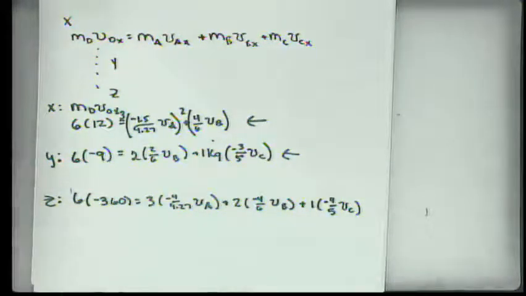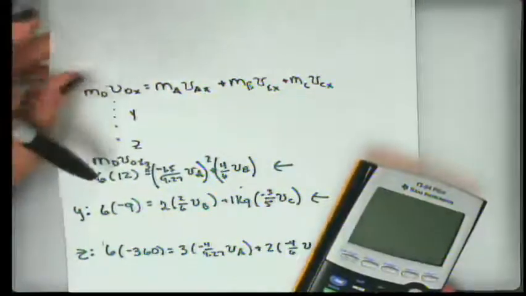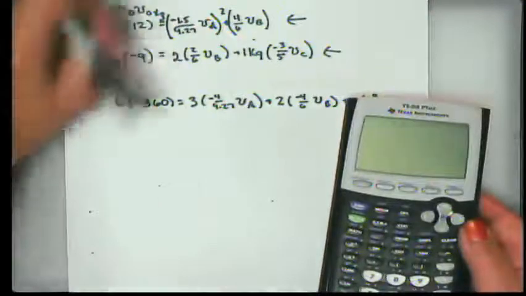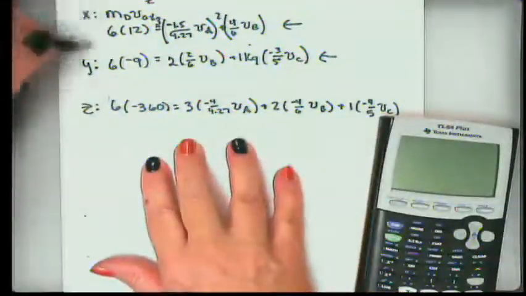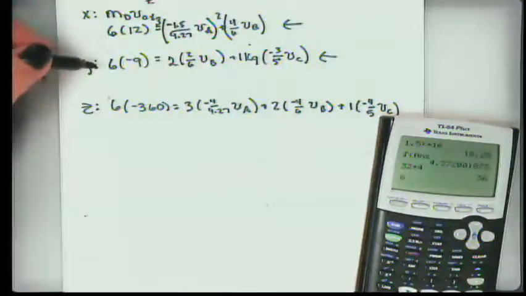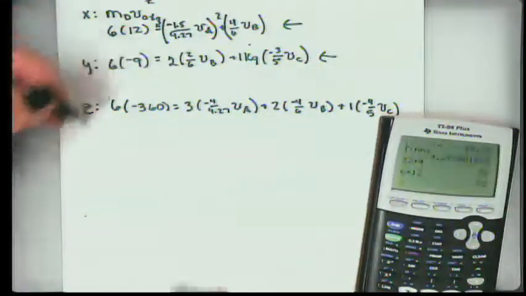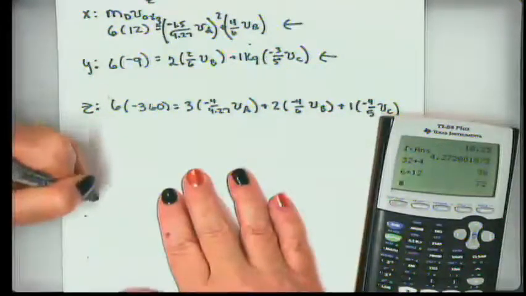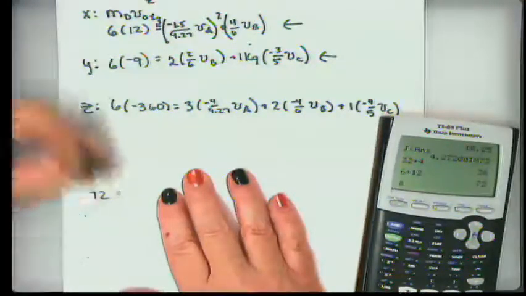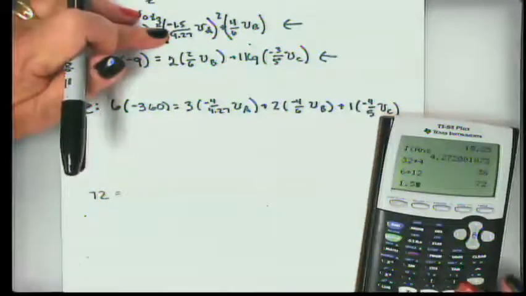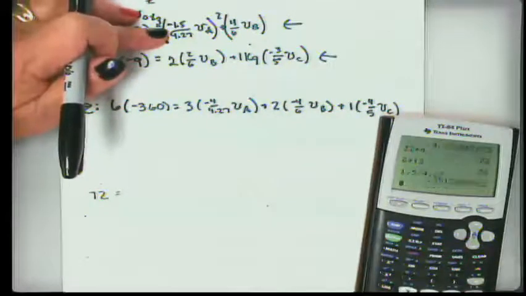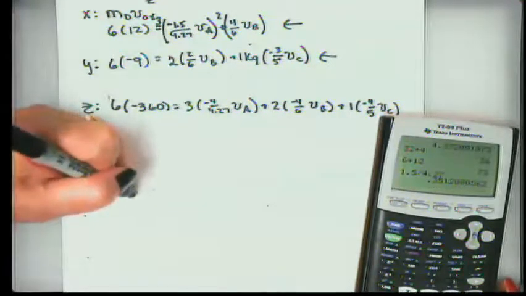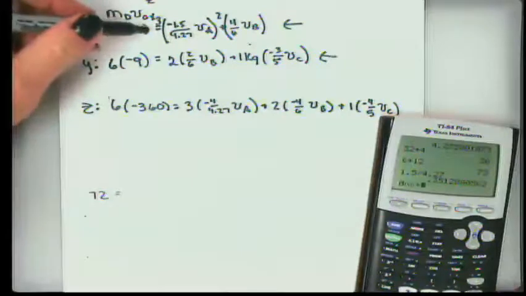All right, so let's simplify the look of our work here. Now I've got everything all constructed. So I'm just going to rewrite these in slightly simplified forms. 6 times 12 is 72, I believe. Yes, still. So the x direction equation says 72 is equal to, and if I take 1.5 and divide it by 4.27, I get negative, I got to multiply that by 3 because that's that mass.